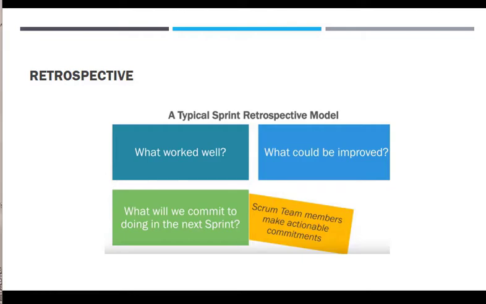Here is the discussion of the development team. The development team is a self-organized team. No one can instruct the development team how to turn the product backlog into increments of potentially releasable functionality. The development team is cross-functional and has the required skills to complete the work within the sprint.